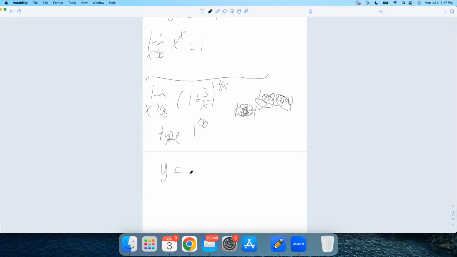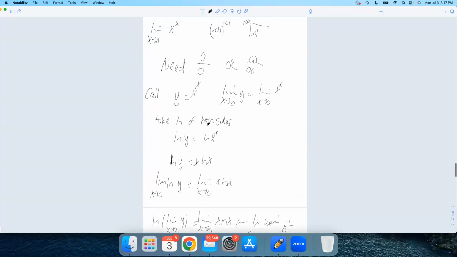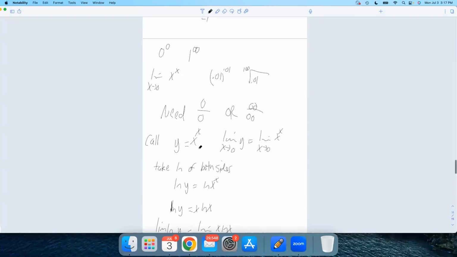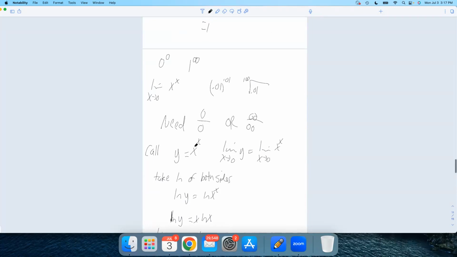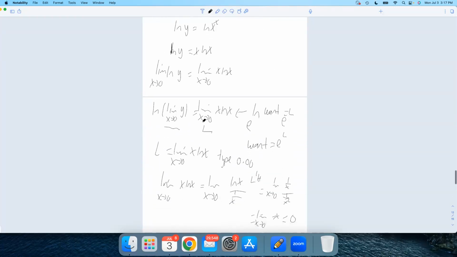We say y equals any of these, 1 to the infinity or this type here, 0 to the 0 or 1 to the infinity.